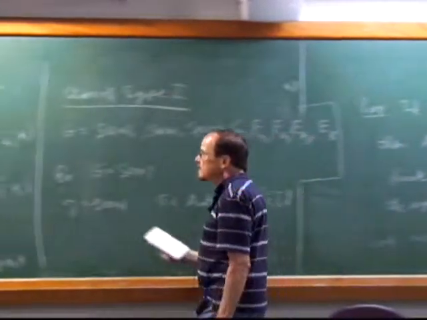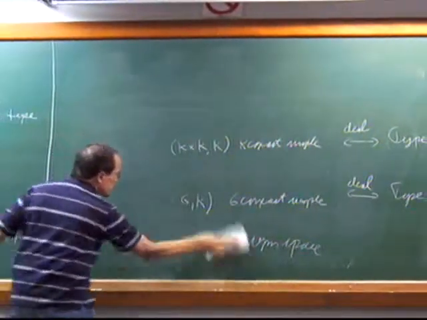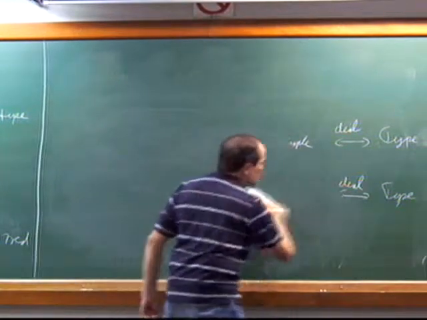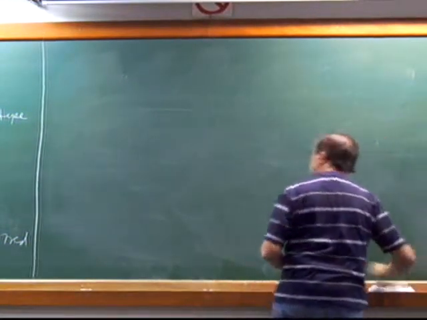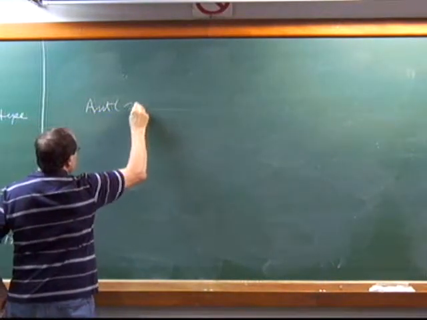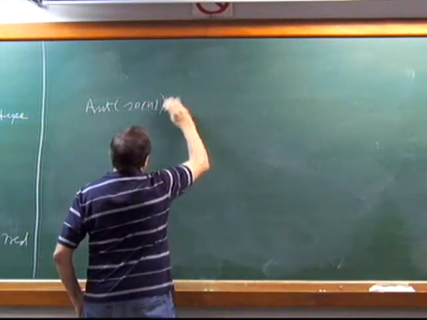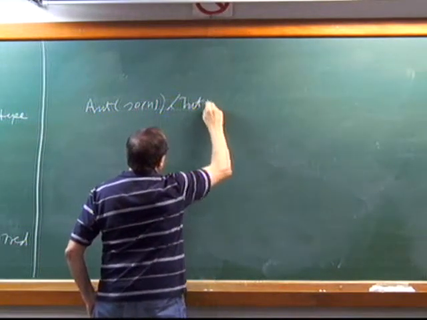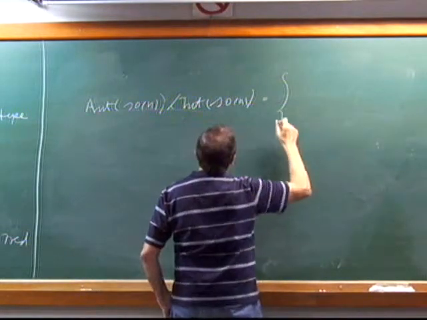For SON, it's a little more interesting. So I claim out of SON, mod int SON, is one of the following three.